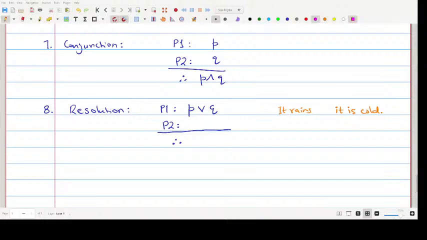What about magenta? Or it is cold. The second premise is negation P or R, right? And the interpretation of this, as we have defined, is it did not rain.